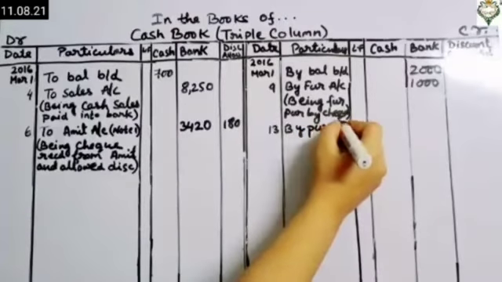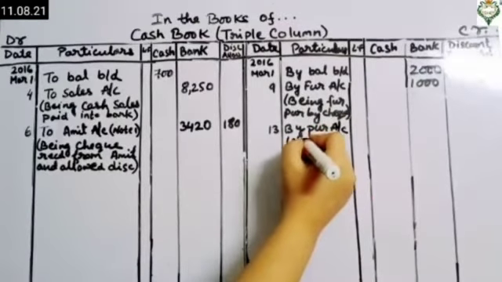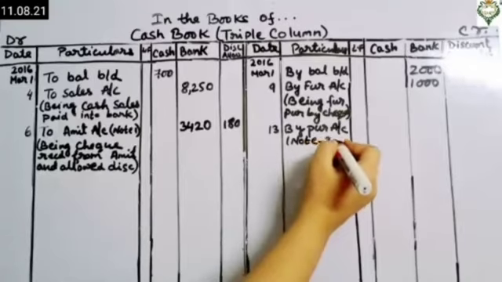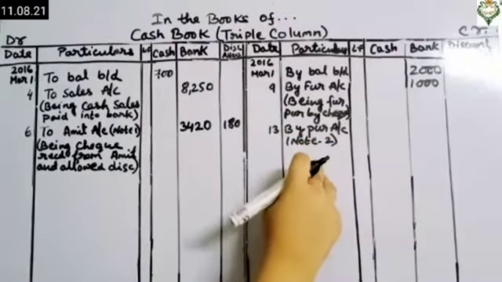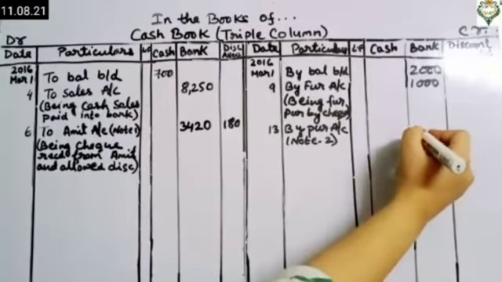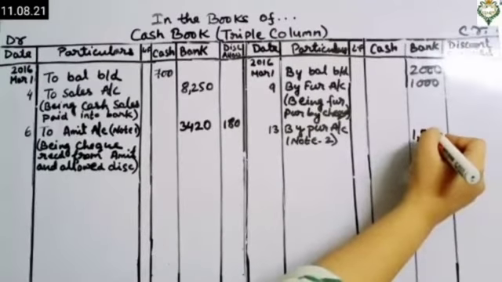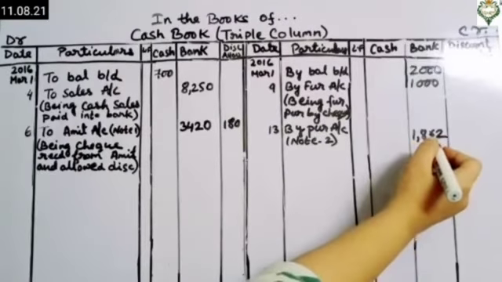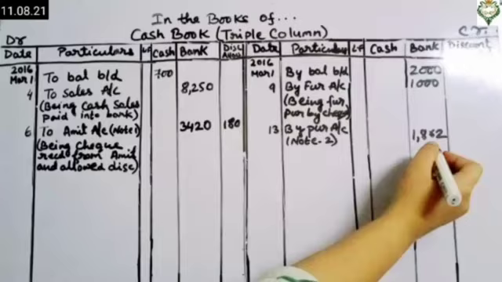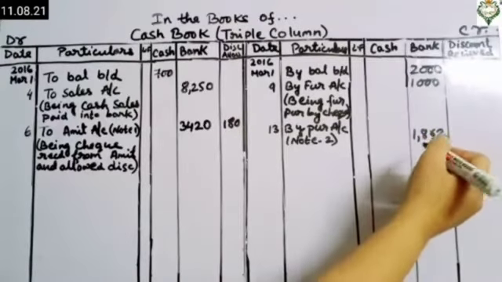You can follow the working note 2 for this entry, and we have to record at the bank column because we are paying it through check. So we have to record here 1862, and the cash discount only we will record here.